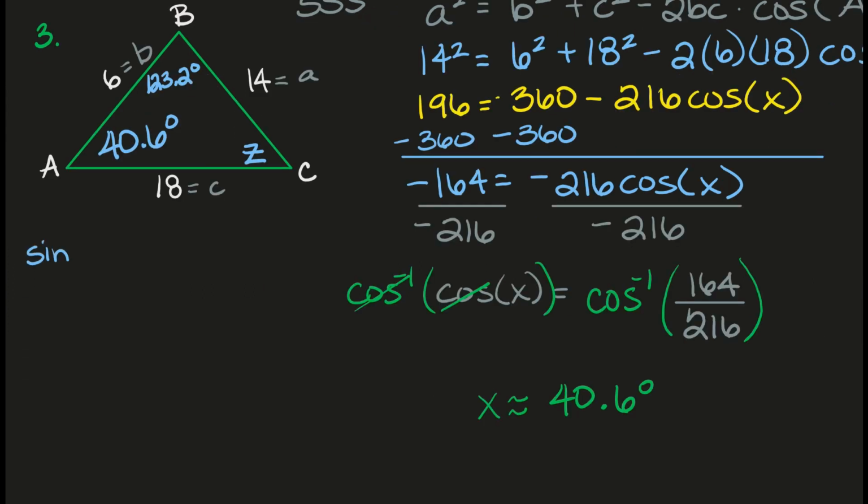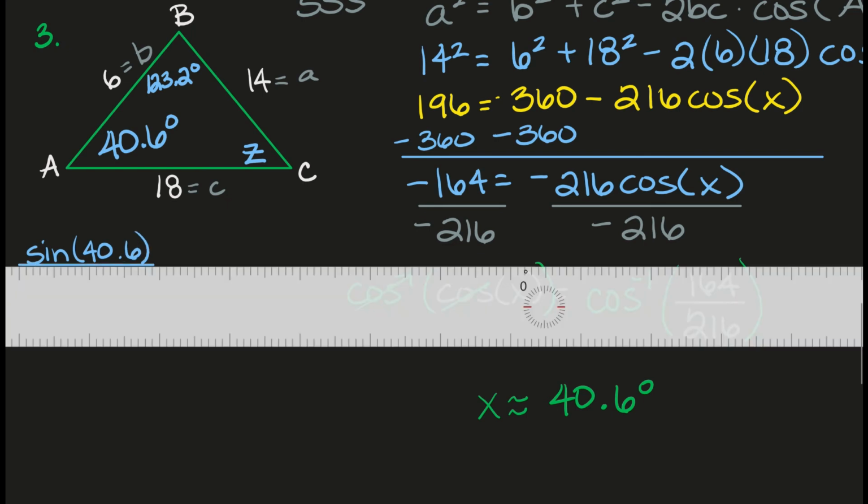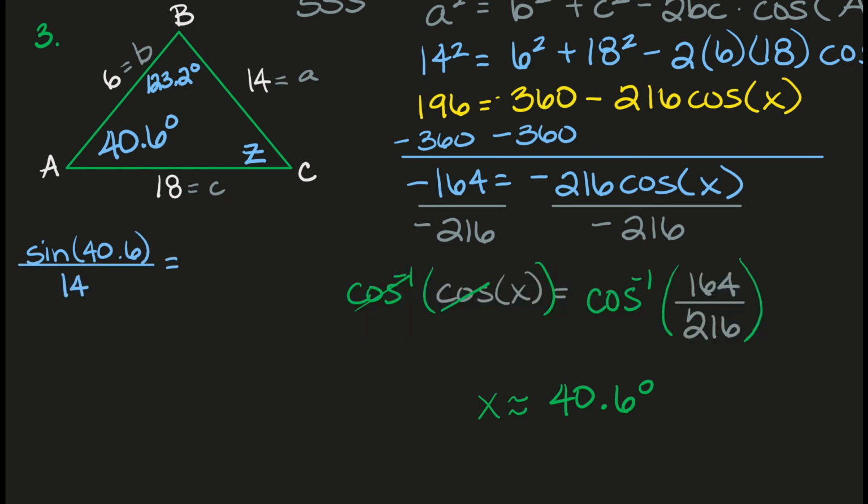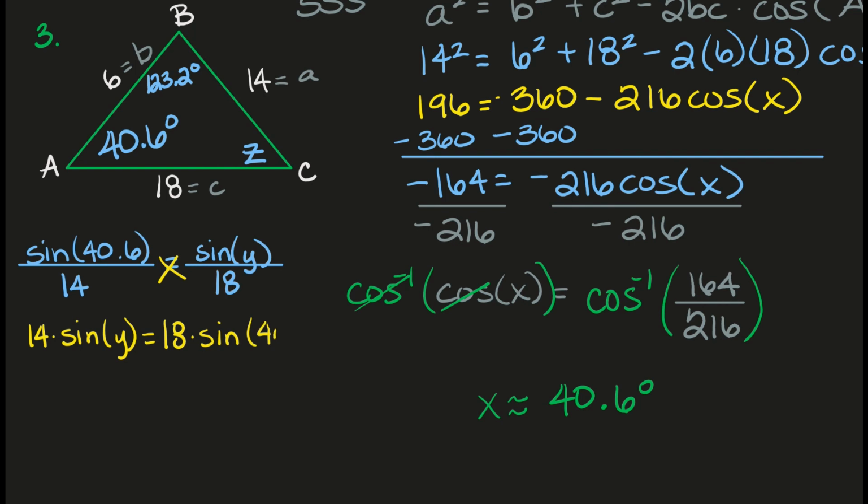Now I do want to show you what this would look like if you're using the law of sines. So if I said sine of 40.6 over 14, and I said sine of y over 18. Let's see if this method gives us the same solution as the law of cosines. So we have 14 sine of y equals 18 times sine of 40.6.